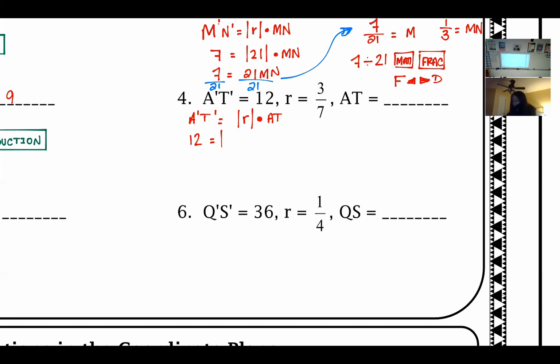Scale factor is 3/7. Why do you keep putting a parenthesis, dummy? That makes A out here. What's the absolute value of 3/7? It is 3/7.